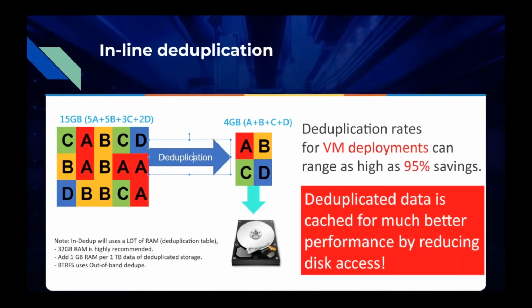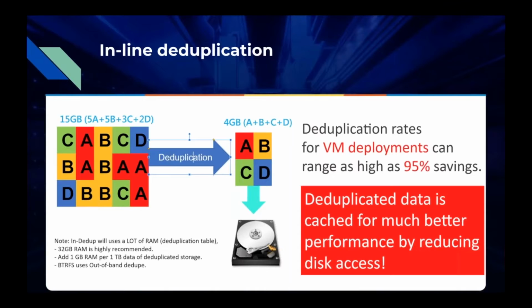There's another file system called BTRFS, which uses out-of-band dedupe, which involves the kernel, and it always happens on a mounted file system. What it means is that BTRFS searches for data that is already stored on your NAS for identical data, and then it performs deduplication, which is a very inefficient way to perform that operation.